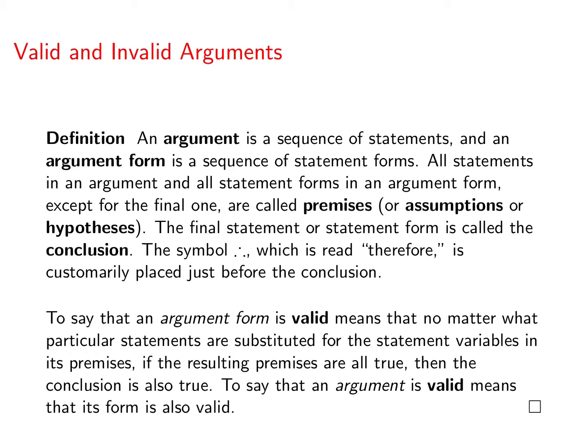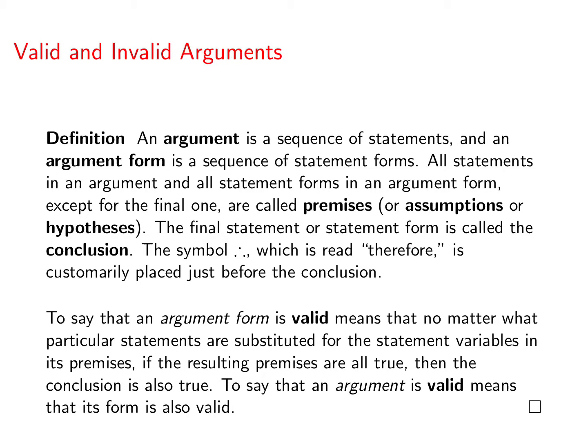All the statements in an argument and all statement forms in an argument form, except for the final one, are called premises. You can also call them assumptions or hypotheses. The final statement or statement form is called the conclusion. And then we'll always place the symbol with three dots, which you read as "therefore." You generally place that before the conclusion.